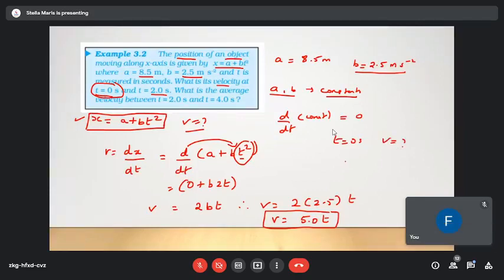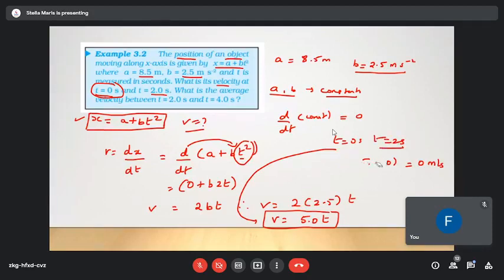When you substitute this value in v, that is v is equal to 5.0 into 0, it becomes 0 meter per second. So when t is equal to 0 seconds, velocity is equal to 0 meter per second. Now they are asking what is the value when t is equal to 2 seconds.